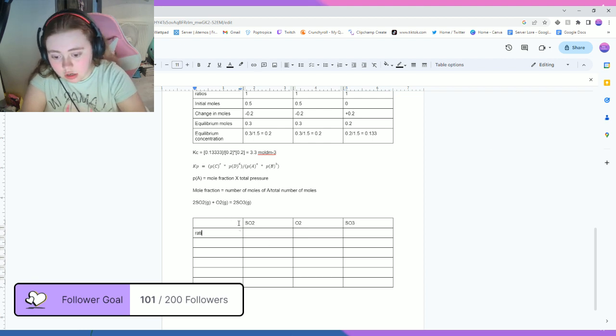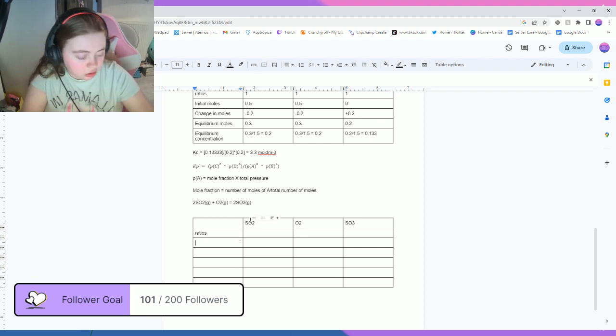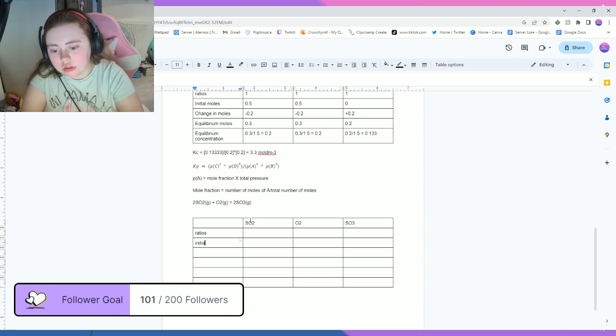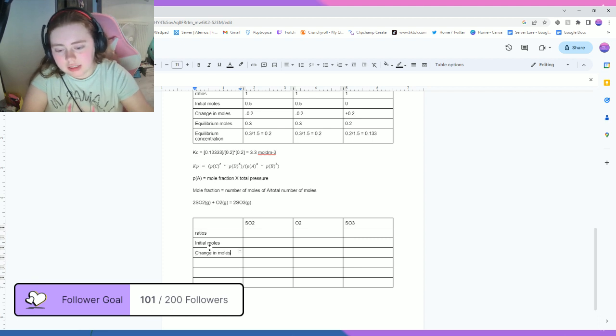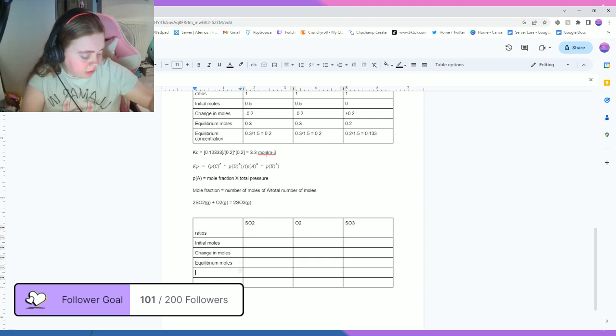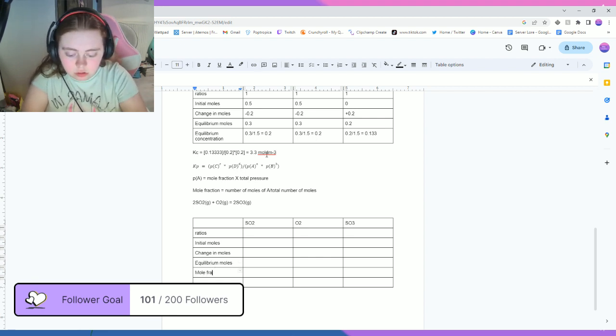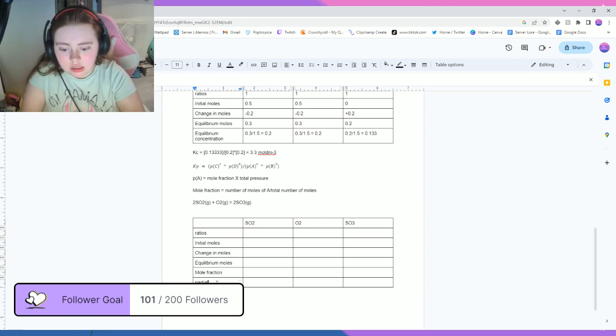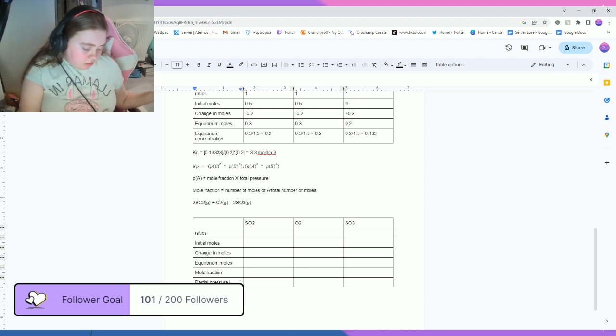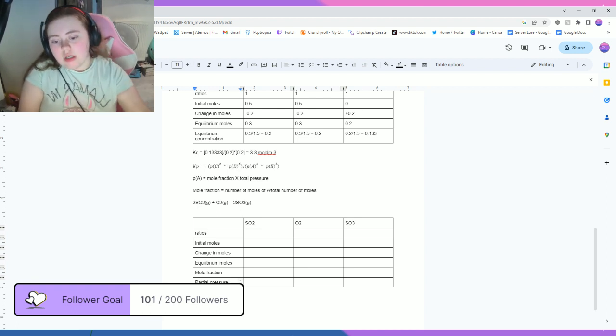Then we need the ratio, the initial moles, the change in moles, the equilibrium moles, the mole fraction, and the partial pressure. And also we'll do our little Kp equation.